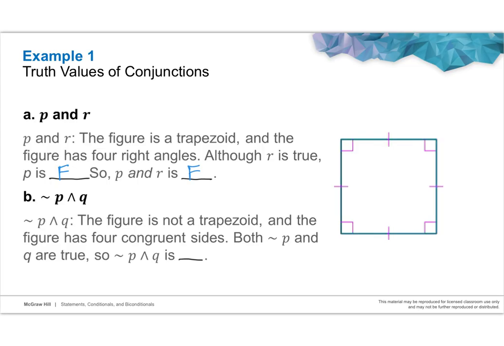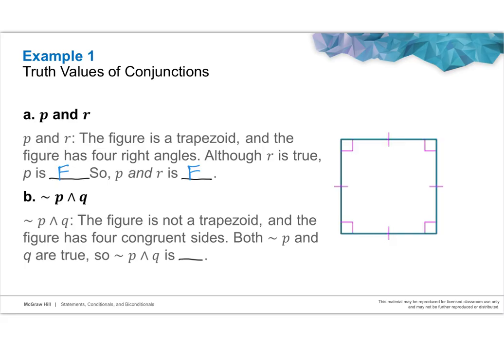Part B of example one is saying our tilde statement here in front of P, and then our caret symbol, and then Q. So a reminder of what that means is this is the negation of statement P combined with and then statement Q. So that means the figure is not a trapezoid, the negation, and the figure has four congruent sides.